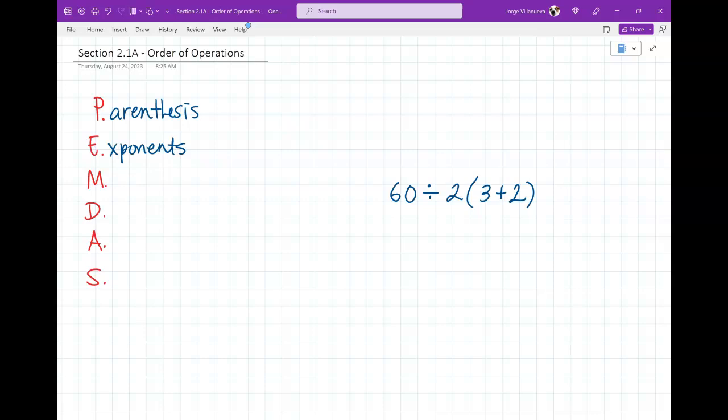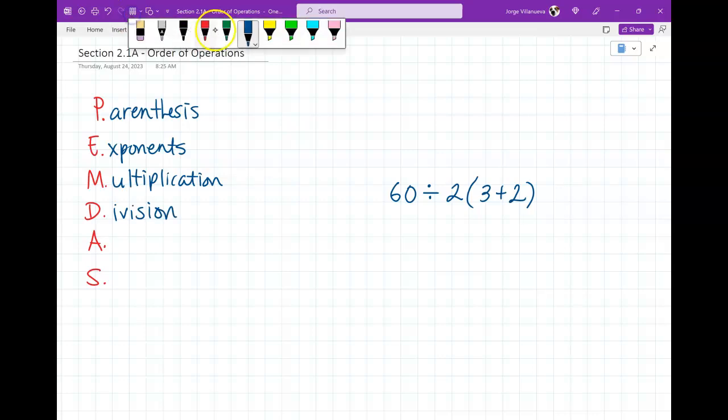But you're supposed to do multiplication and then division. And I apologize for my writing right now. I haven't really done a lot of writing for about a whole summer, so I'm kind of getting used to it, just like you guys do. So here's the catch though. Multiplication or division, they can be done one or the other.